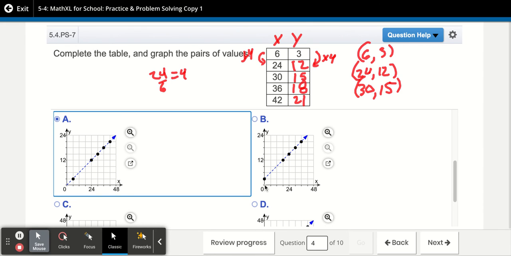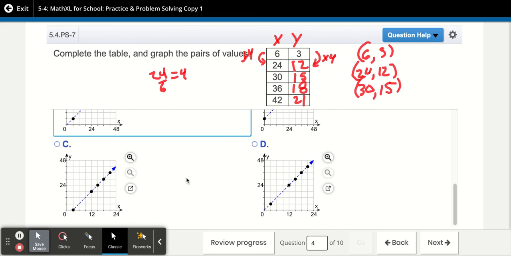Now, we can look at some other options. Notice that option B doesn't work because the very first value is 0, 3, which is not an equivalent ratio. Our first ratio is 6, 3, not 0, 3. Then option C, that's 3, 6, 9, 12.